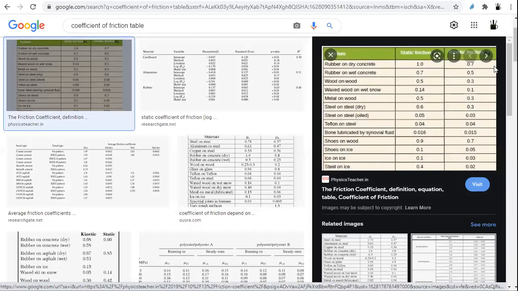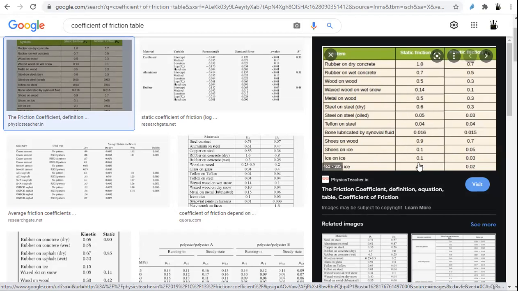Yeah, so look at this. Rubber on dry concrete, rubber on wet concrete, wood on wood, waxed wood on wet snow, metal on wood, steel on steel. You see all these things are combinations. You cannot give a mu for one single surface, that is meaningless. You have to say which surface is on which surface, only then you can make a number.